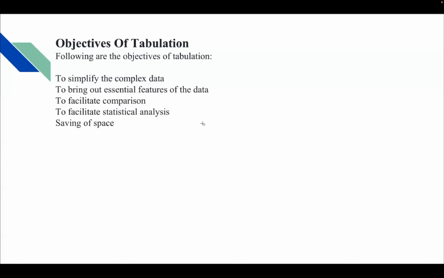To make data simple, easy to read and understand. Another person. To make identification easy. Please help me identify that lady. You said, to make identification easy. Okay, another person. One last person, then we move on.